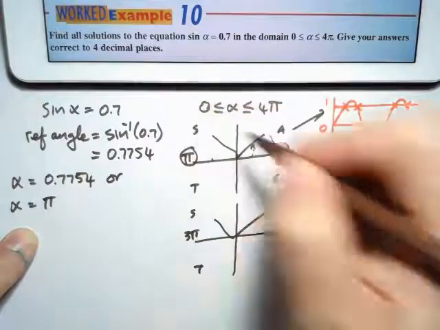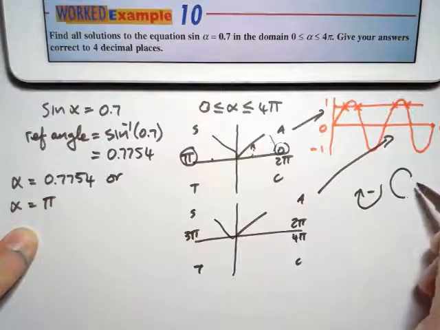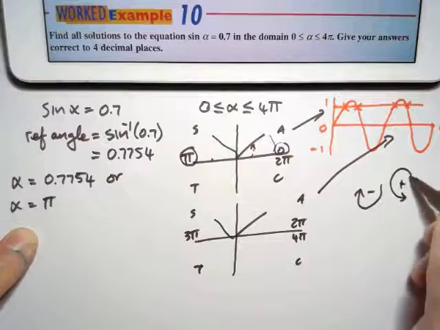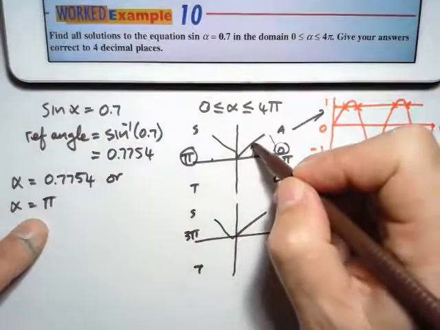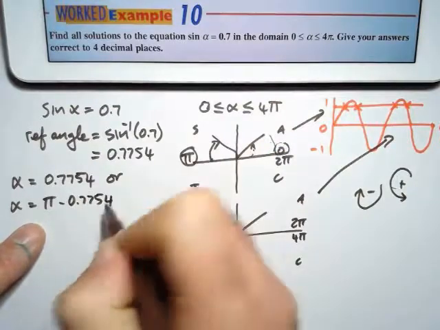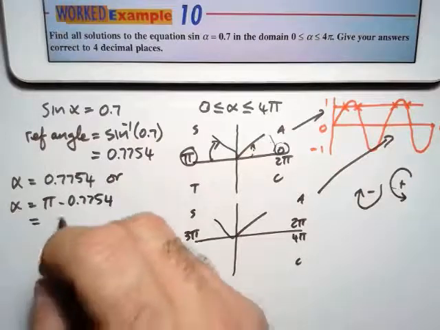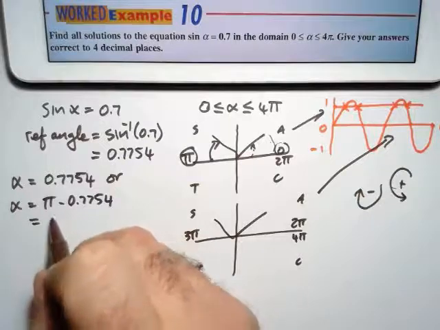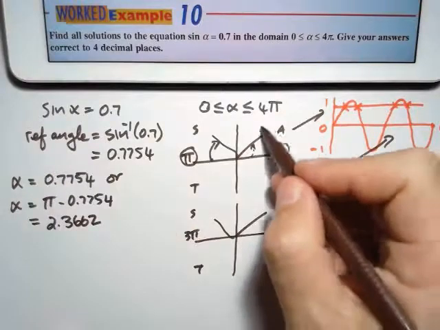Remember, this is positive and that is negative. So from pi it's pi take away 0.7754. On my calculator, the answer is 2.3662. That is that one done, that one done.